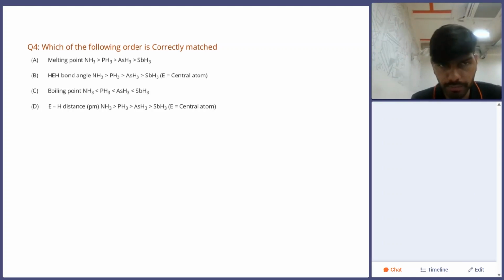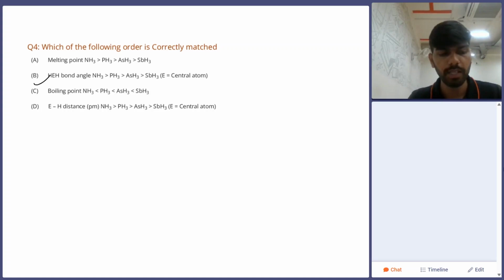If you look very carefully, the correct answer for this question is option B. Why are the other options not correct, class?